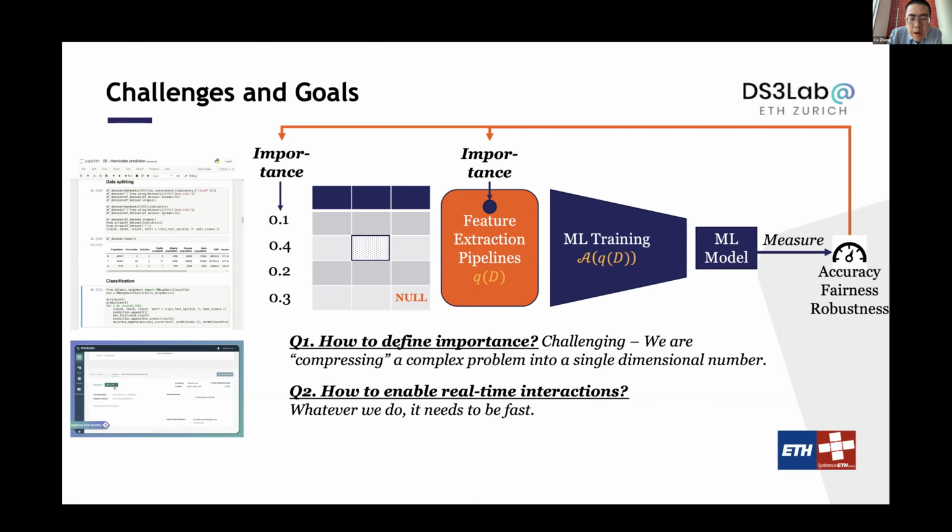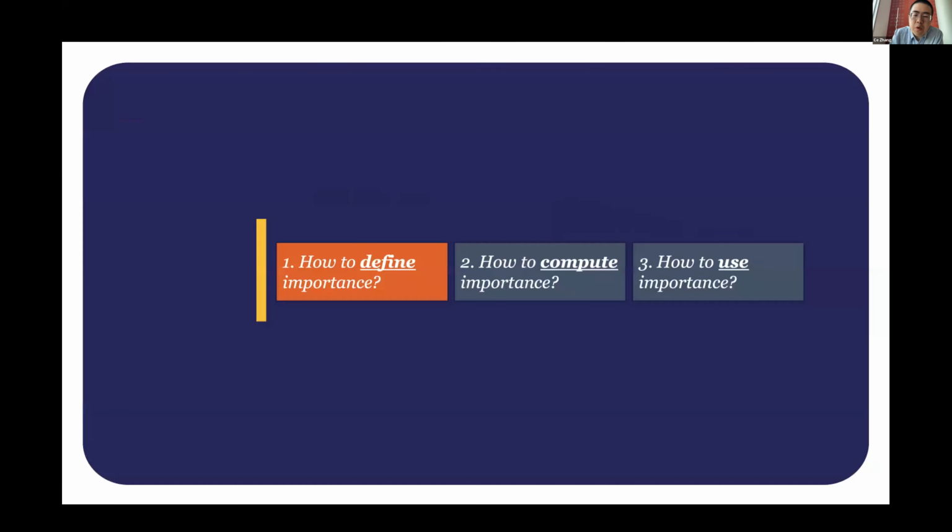And second, how can we enable real-time interactions? We want our computation to be as fast as possible, to make sure the user can do this iterative data debugging loop as efficiently as possible. And the third question is, okay, once we have those importance scores, how can we use them? So let's go through this one by one.